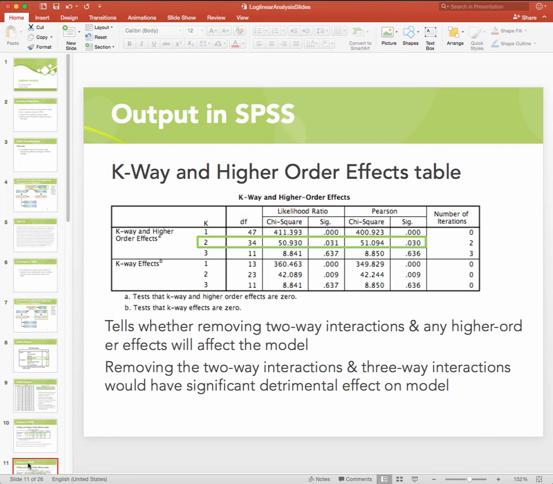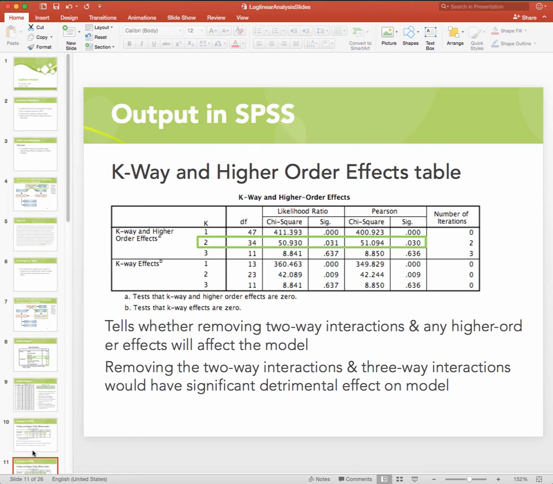So this is testing whether removing the 2-way interactions and the 3-way interaction would affect the fit of the model. And this is also significant with a p-value of 0.030 because that is less than 0.05. This indicates that removing the 2-way interactions and the 3-way interaction would have a significant detrimental effect on our model.